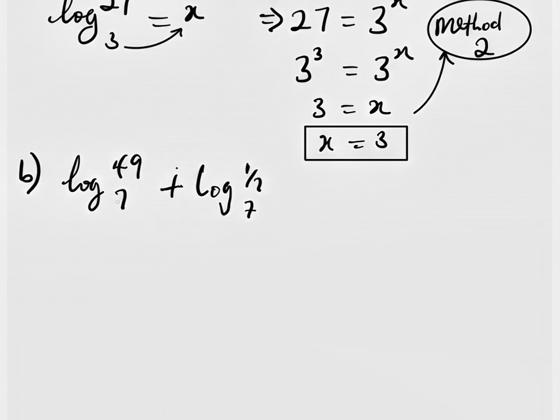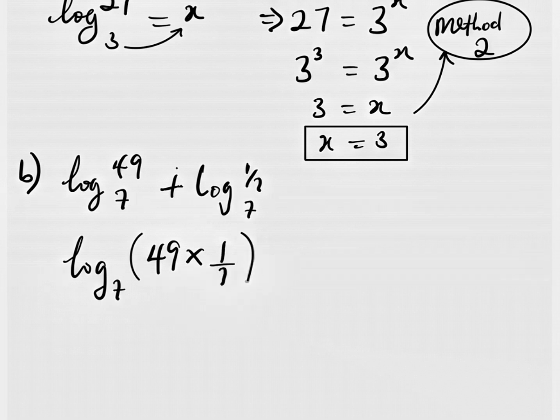And this states that when we have 2 or more logs with the same base, what we do is to multiply their arguments. So we have log base 7 of 49 multiplied by 1 over 7.